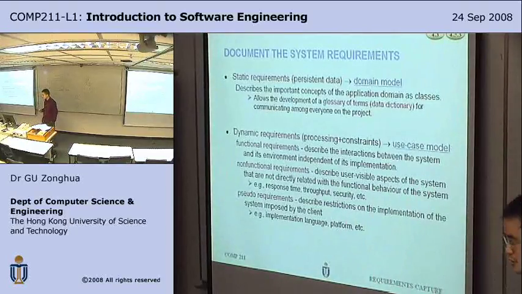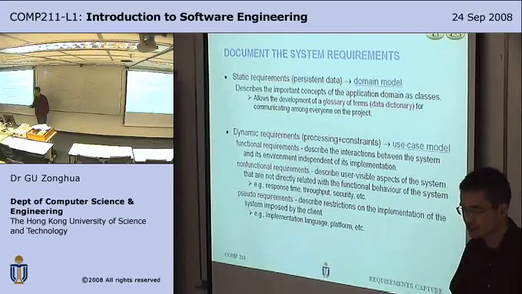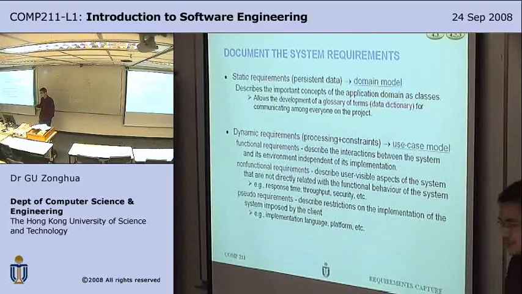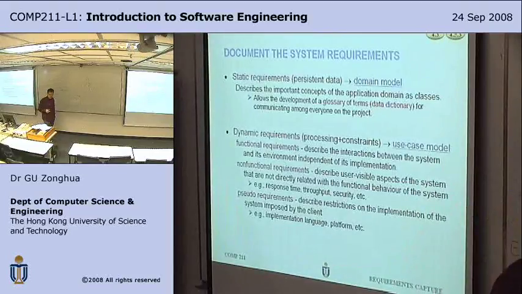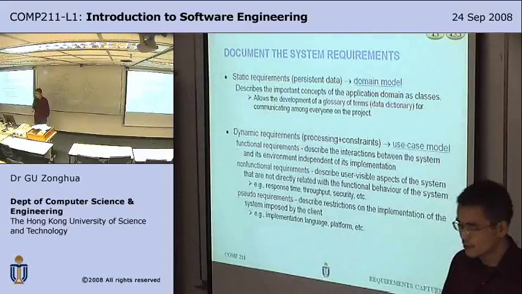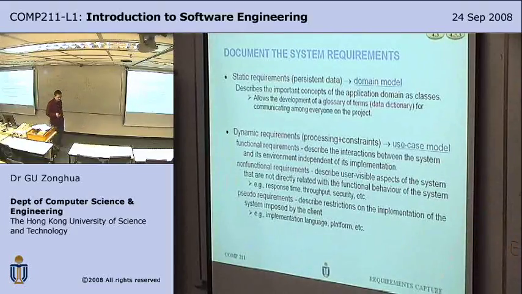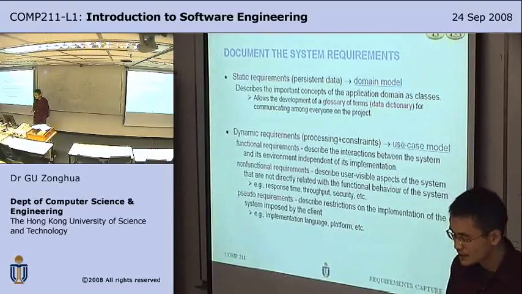So in the student registration system, the environment is the actor, the human student or professor. The system is the software system. And you only care about if you can register for courses. You don't care about the implementation of the system. Is it a 3-tier architecture? Is it Windows? All these details do not matter at the requirement stage.